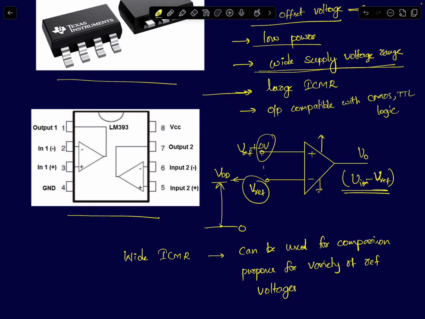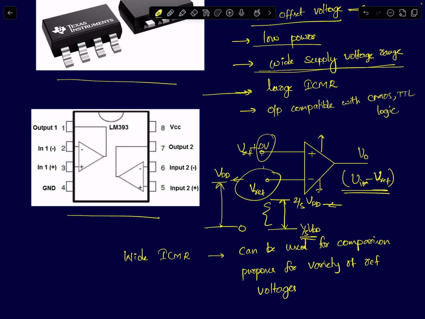Otherwise, if the ICMR is between 1/3 VDD and 2/3 VDD, then naturally that comes as a spec: as a circuit designer, the reference voltage that you connect to this comparator should be in this range. You can't use it as a comparator for any voltage range.